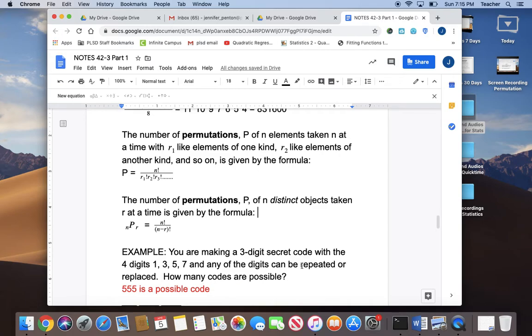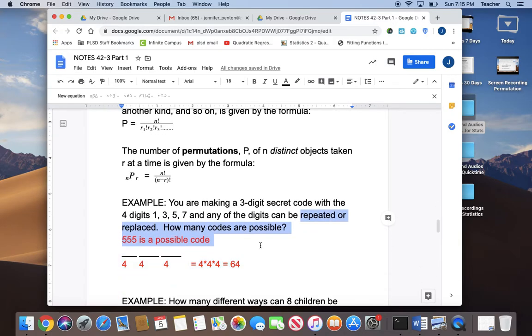So when it says any of the digits can be repeated or replaced, basically what that means is that 555 would be a possible code in this case because you can repeat the 5s. So you're making a 3-digit secret code. In order to do this, I have 3 places here.